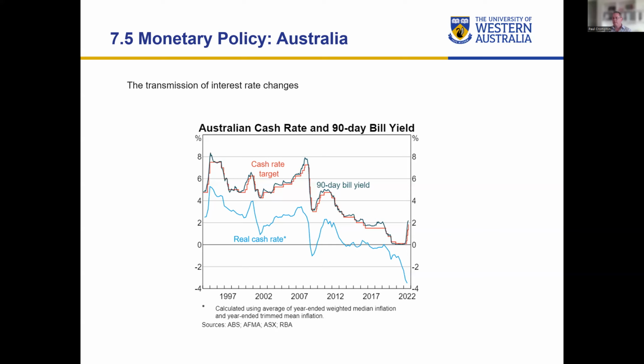It would be just one-for-one. Why? Because the correlation between the cash rate and the interest rates on this short-term debt that banks are using to fund their mortgage lending, the correlation in these interest rates, it's very, very high.